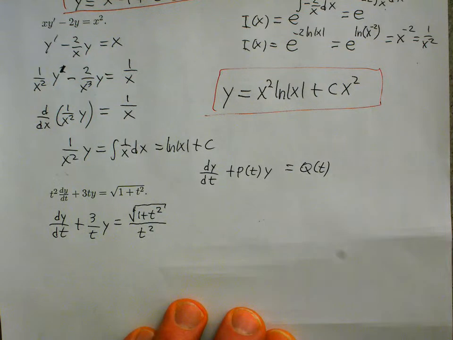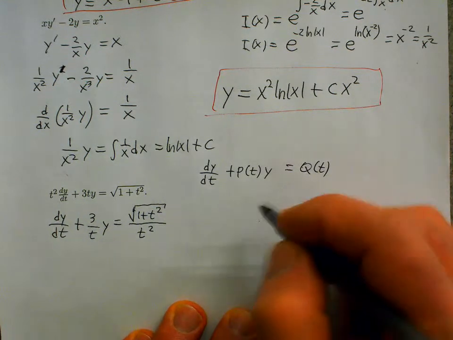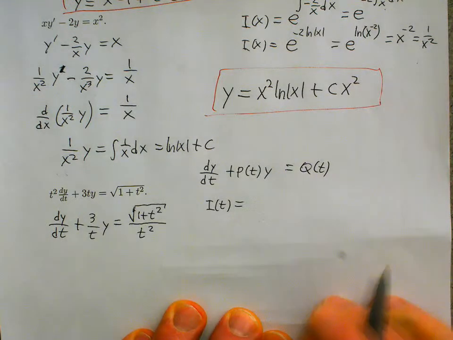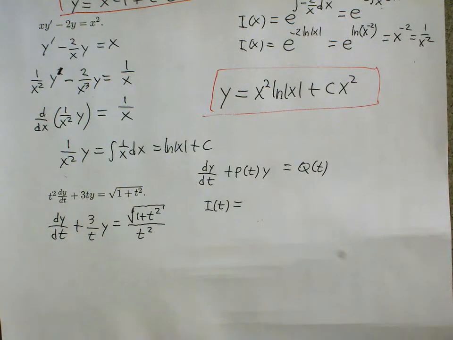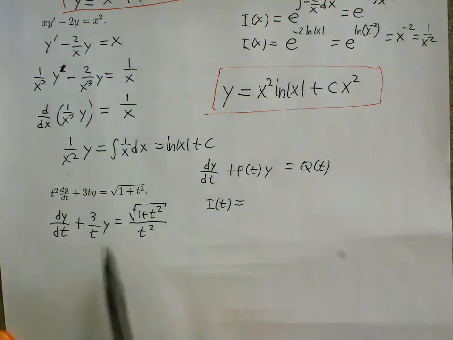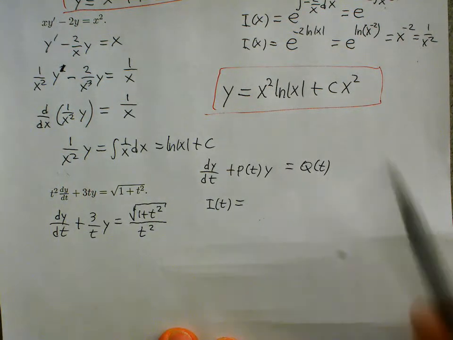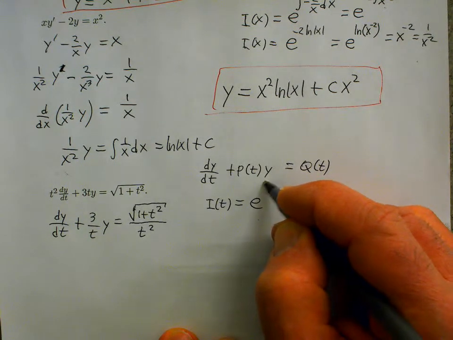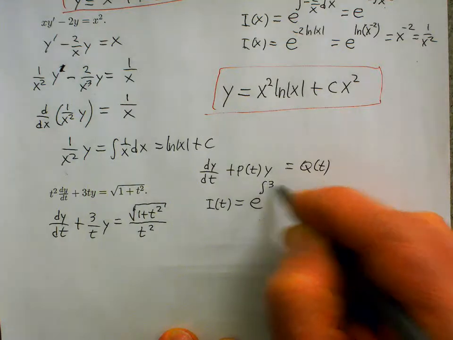And the integrating factor, capital I of t, our p of t is 3 over t. So the integrating factor I of t is e to the integral of 3 over t dt.